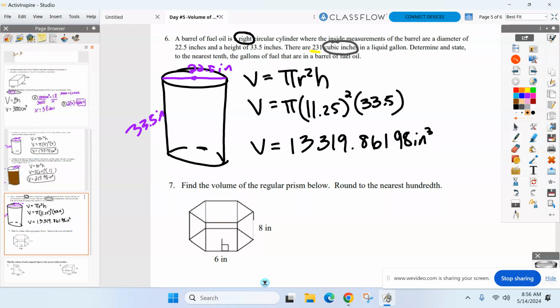If not, we set up 231 cubic inches equals 1 gallon. There's the conversion I gave you in the problem. Put your cubic inches under cubic inches, and cross multiply to solve for how many gallons are in this tank.